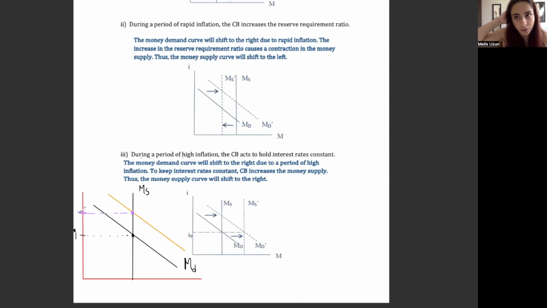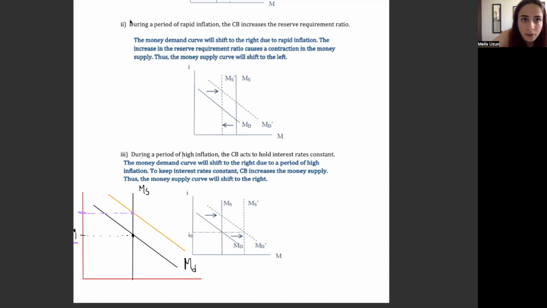But we want to keep it constant. So the central bank needs to do something to go back to this interest rate. What should the central bank do? It should increase the money supply.